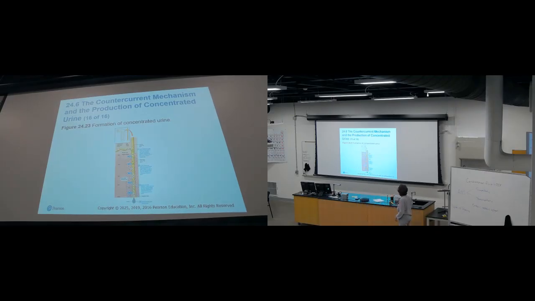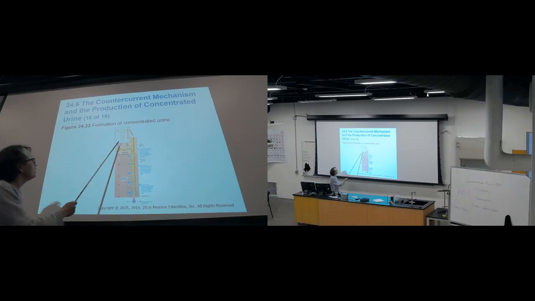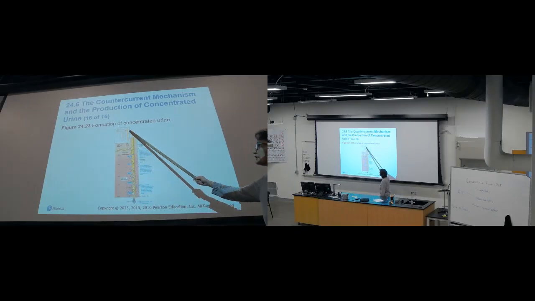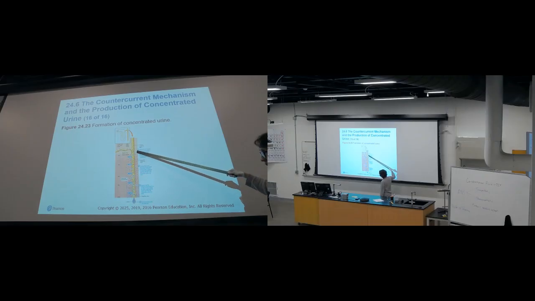So here it is. What you're looking at in this tiny portion is the space. This is a magnification of this collecting duct, going from the part of the cortex that is next to the medulla.